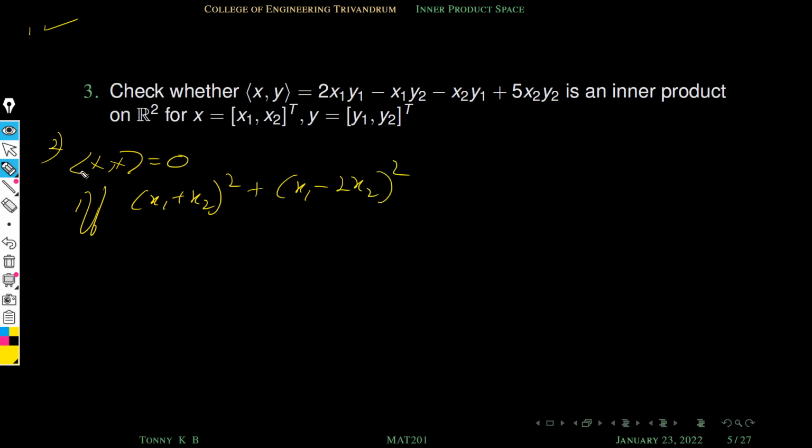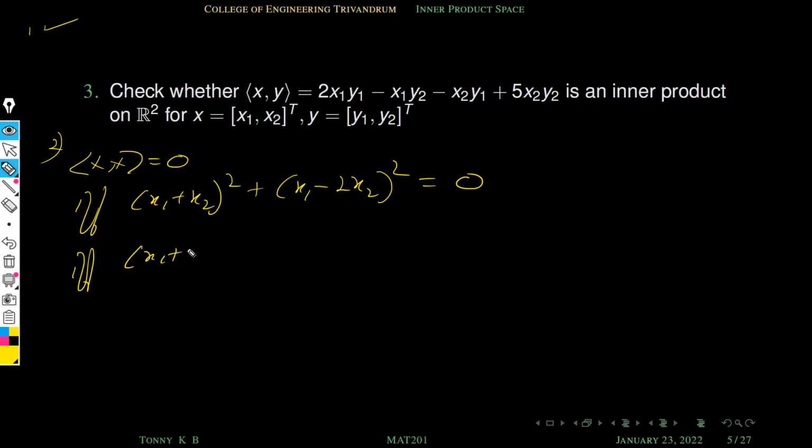We have already seen this in the first case. So this is equal to 0, this is our assumption. This is a non-negative term, and this is also a non-negative term. So the sum of two non-negative terms equal to 0 only when both are 0.